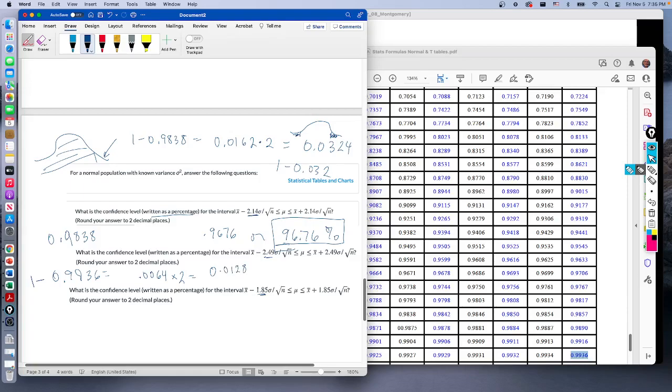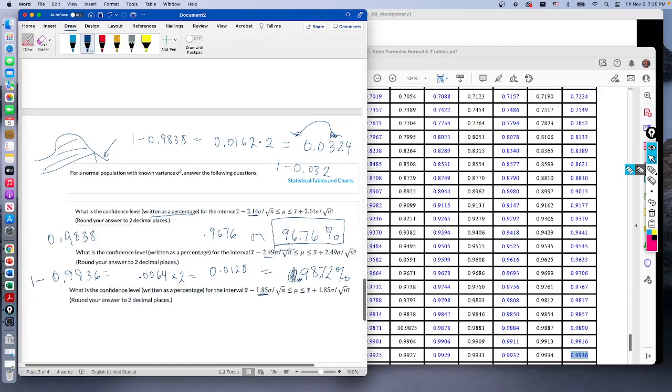Subtract 1 from that, or subtract that from 1, or do it the other way around. You get a negative, but then you know it's not negative. So it's 0.9872, and again, round it to 2 decimal places, but they want it as a percentage, 98.72%.